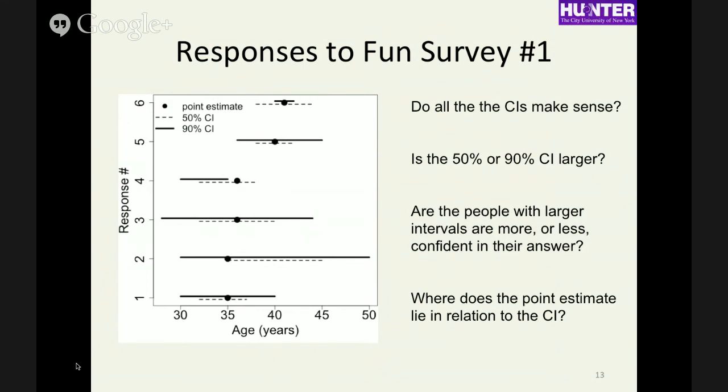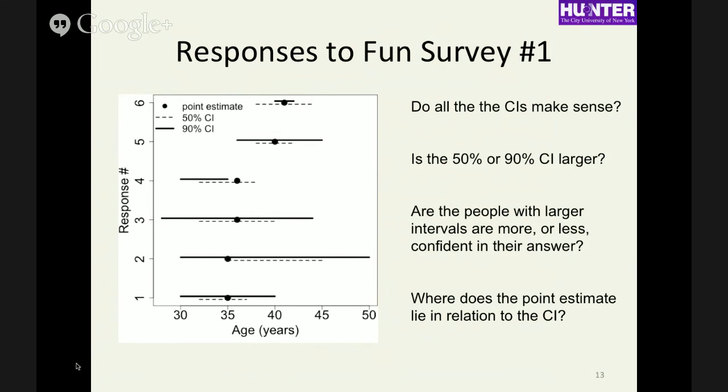This is getting at the confusing interpretations of the word confident, and I intentionally used it in this confusing way here. They're less confident, because we're comparing the same confidence level.